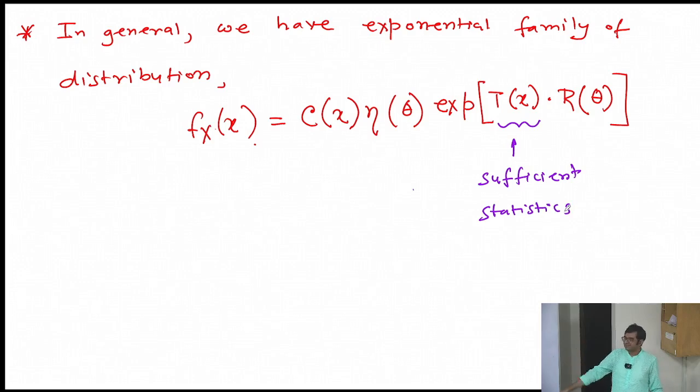Obviously there is c(x) also, but for now let us only consider T(x). So T(x) is enough for you to completely write down this expression. I'll give you one example of the sufficient statistics that we encounter in many cases, like for the Gaussian distribution. I think mean and standard deviation are the sufficient statistics. That means if you know those, you can write down your PDF without knowing anything.